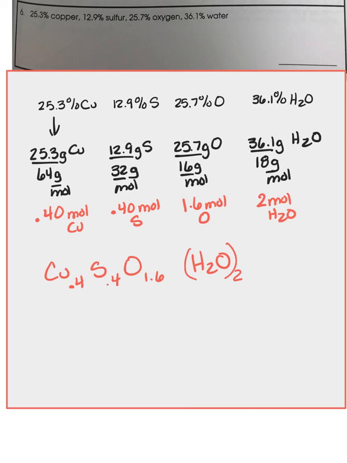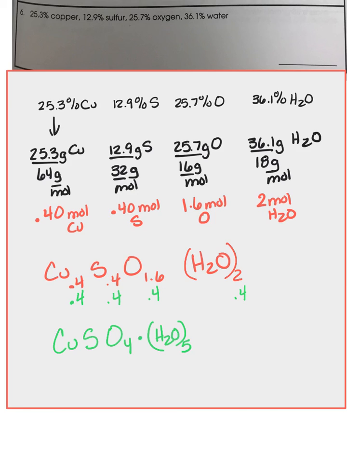But what's going to happen is when we divide through by the smallest number, let me get a different color pen so you can see what I'm writing now, 0.4, 0.4, 0.4, and 0.4, I'm going to end up with a ratio of copper 1, sulfur 1, oxygen 4, and then I'm going to end up with 5 H2Os.